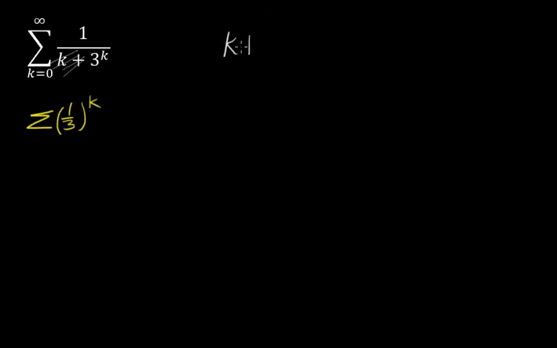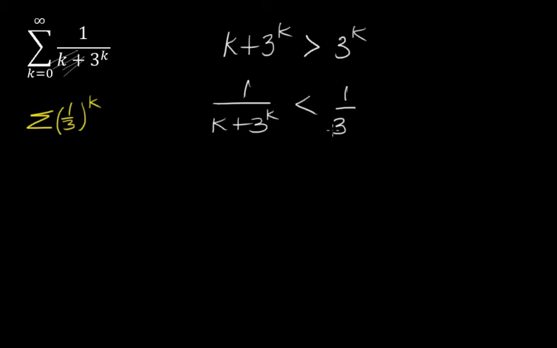So again, start with the denominator. K plus 3 to the k is certainly greater than 3 to the k. So the reciprocal, since they're both positive, 1 over k plus 3 to the k is less than 1 over 3 to the k, which is (1/3) to the k.